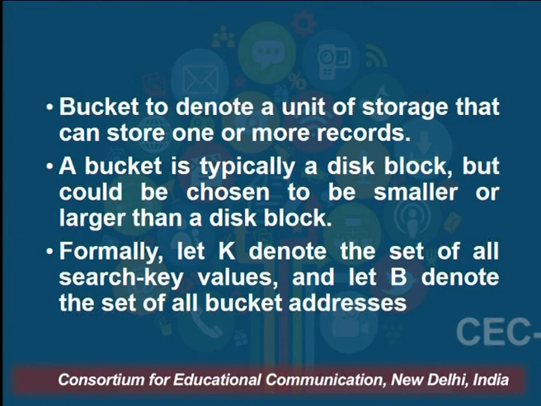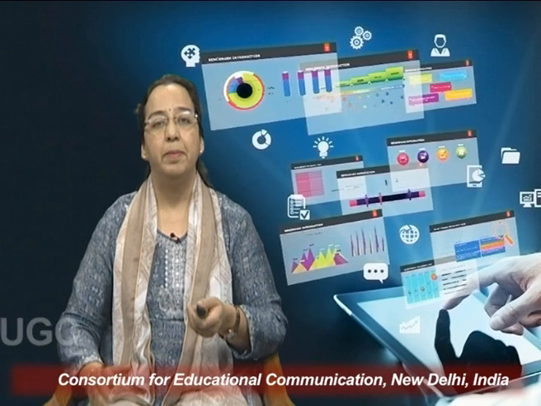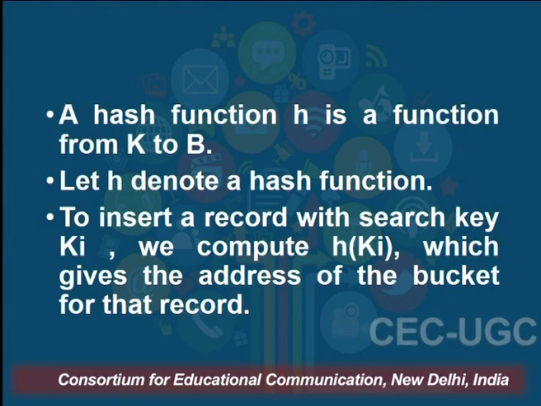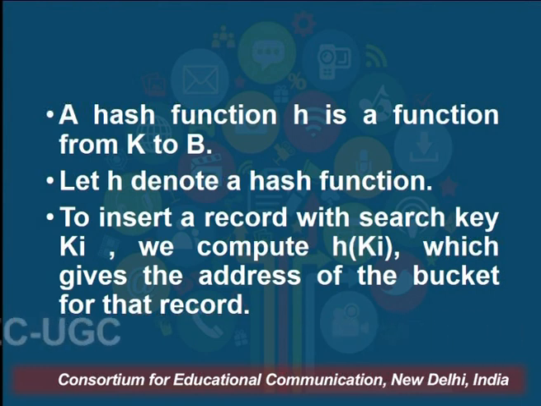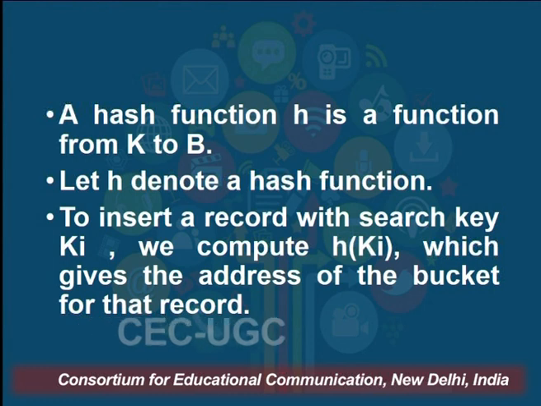To understand the term hash function, let us say that K denotes the set of all search key values, and B denotes the set of bucket addresses. Basically, on taking K, a search key value, we need the bucket address B. A hash function is a function which transforms the value of K to B, or simply, a hash function H is a function from K to B.